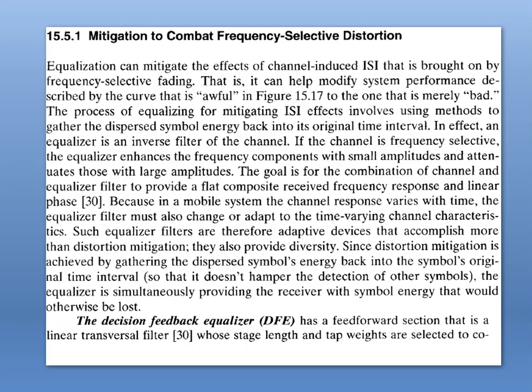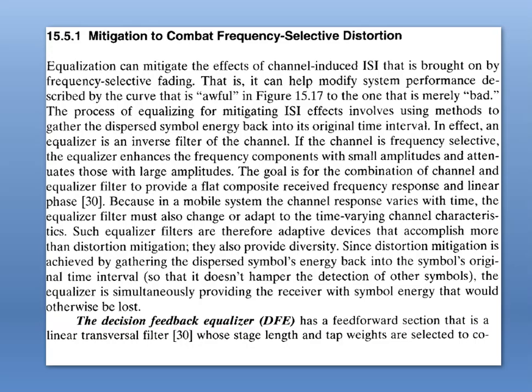The process of equalization for mitigating ISI effects involves using a method to gather the dispersed symbol energy back into the original time interval. The equalizer is an inverse filter of the channel. If the channel is frequency selective, the equalizer enhances the frequency components with small amplitudes and attenuates those with large amplitudes.